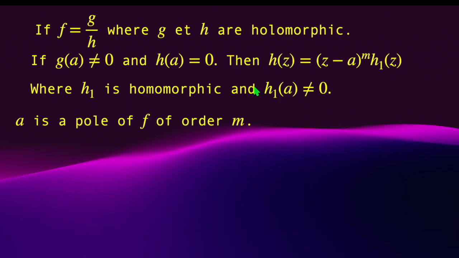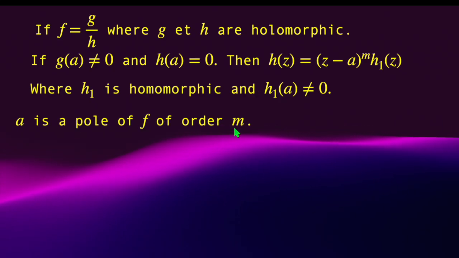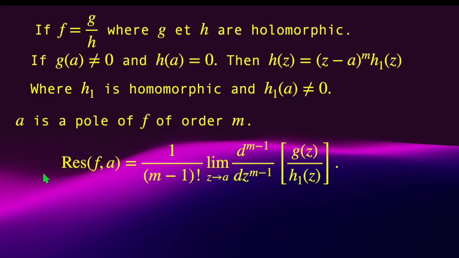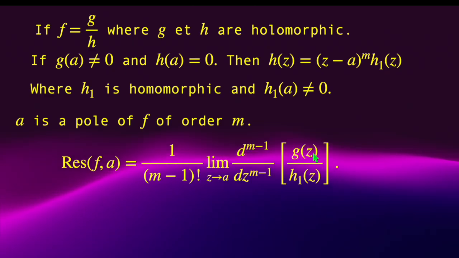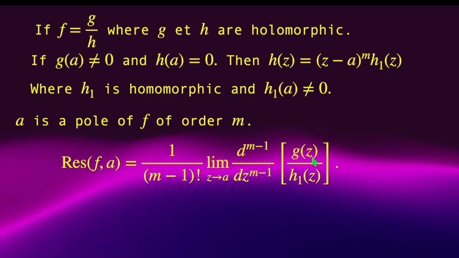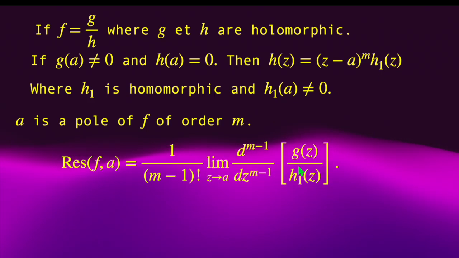So now a is a pole of f of order m, and its residue is given by this formula, g(z) over h1(z), and here it is useful, and it's what we will use in the concrete situation.